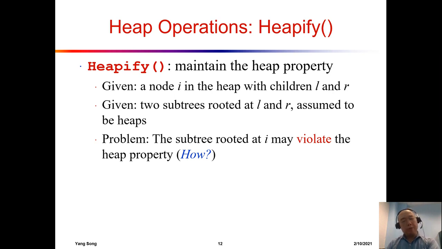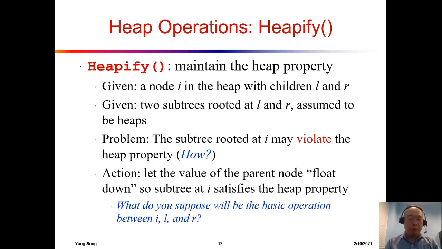Then the problem is if the node i violates the heap property. How can it be? Well, if i is smaller than the value of the left or the right, then it violates the heap property, right?